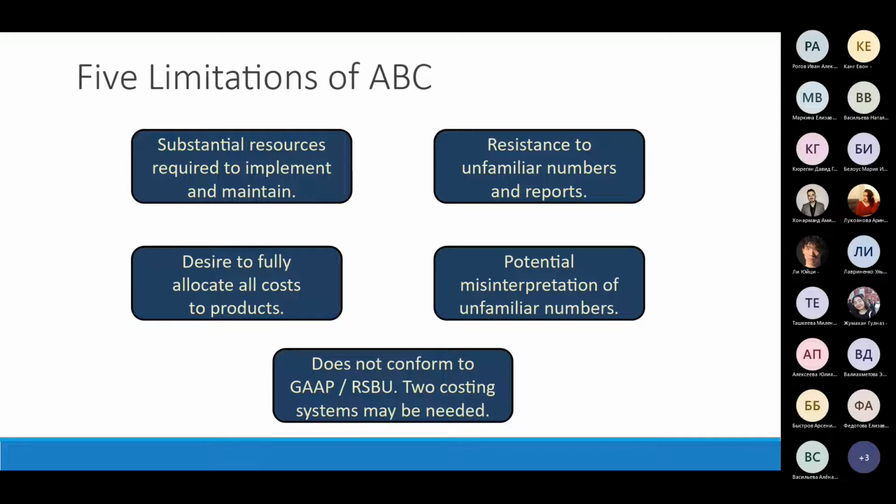It's resistant to unfamiliar numbers and reports. The ABC costing system is focused on specified values and information, so some unexpected issues are not included. ABC desires to fully allocate all costs to products.